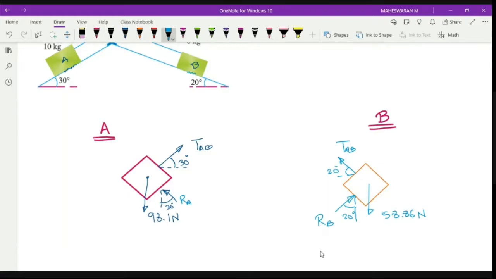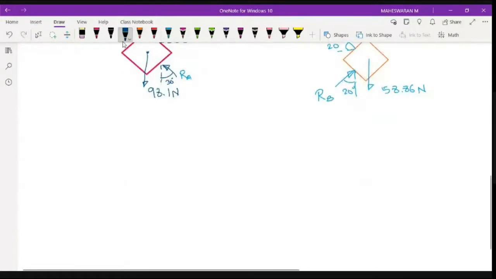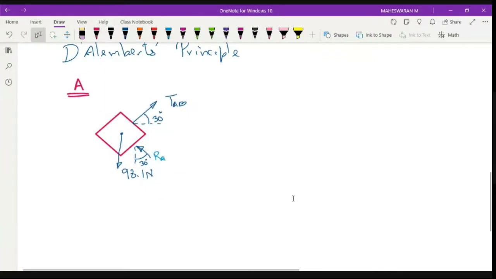Now I can go for the principle, and we can solve one by one. Let me go for Newton's law, D'Alembert's principle. You can solve it in two ways: by considering the x-axis as the same, or by changing your x-axis.